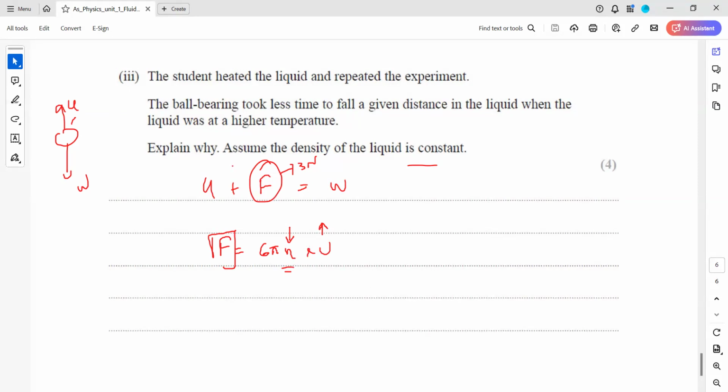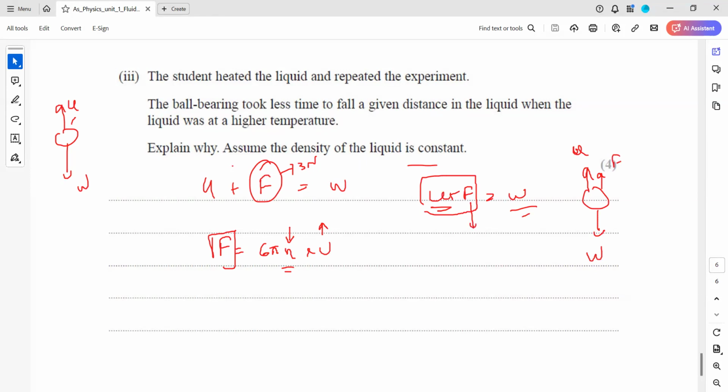So how do you score the 4 marks? First, you will mention the condition for terminal velocity: the upthrust plus viscous drag should equal W. It means the sum of upthrust and viscous drag should equal W. So the sum should not change as we want a constant value. Upthrust cannot be changed.